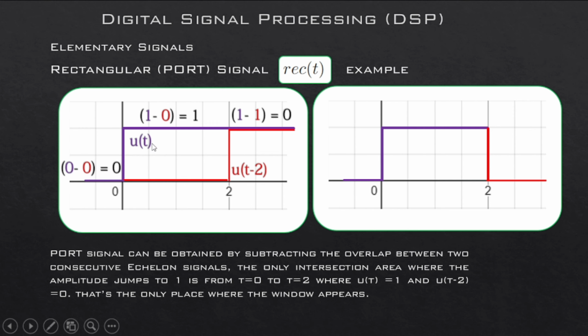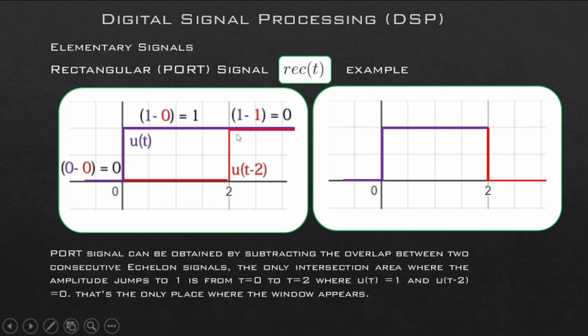So looking at that, you have here u(t), which is a step function starting at t equals 0, correct? So starting at t equals 0 goes to infinity. And then u(t minus 2), for instance. So u(t minus 2) starts at t equal 2, correct? Now, if you see the overlap here, after 2, both u(t) and u(t minus 2) have values of 1.